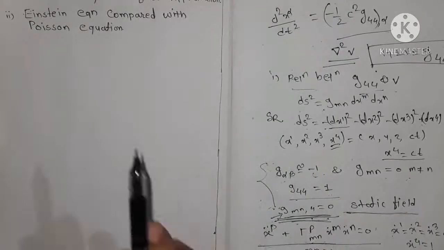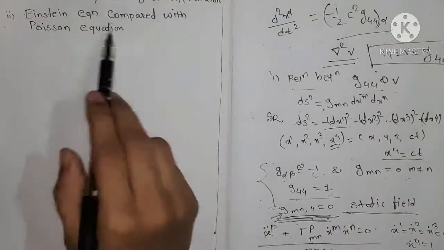In the same way, we are considering the Einstein equation compared with the Poisson equation.